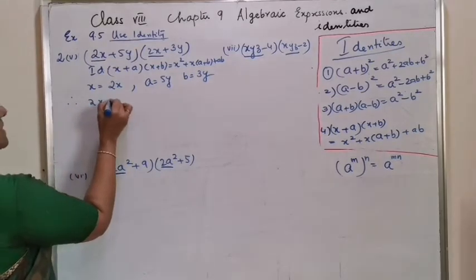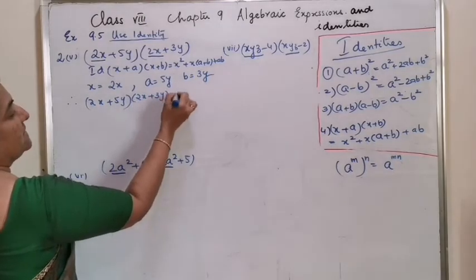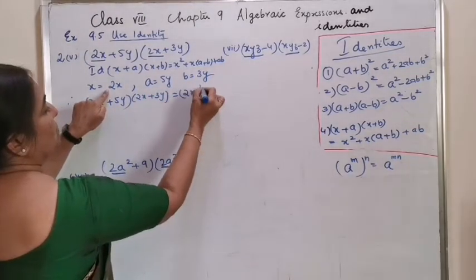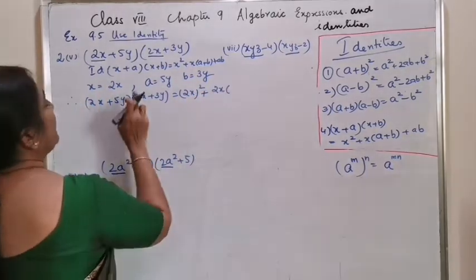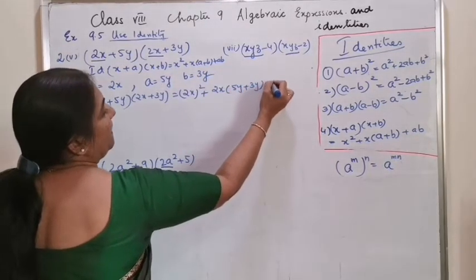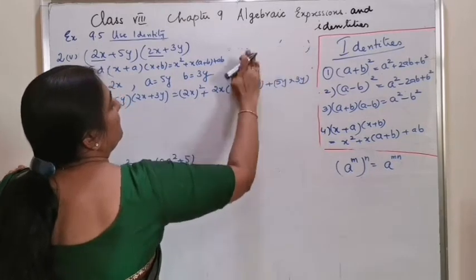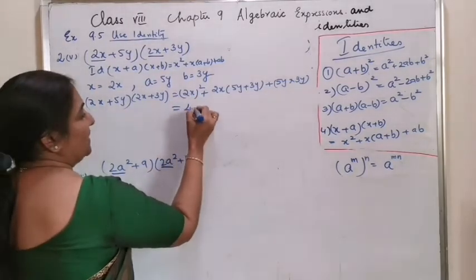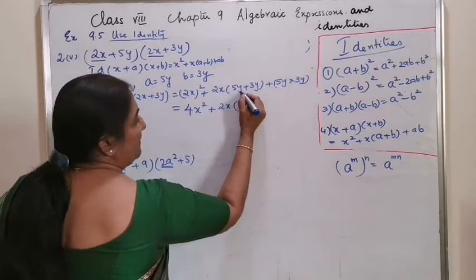Therefore, 2x plus 5y into 2x plus 3y is the same as x square, that is 2x the whole square, plus x into, that means 2x into (a plus b), 5y plus 3y, plus 5y into 3y, which is the same as 2x the whole square means 4x square plus 2x into 5y plus 3y.